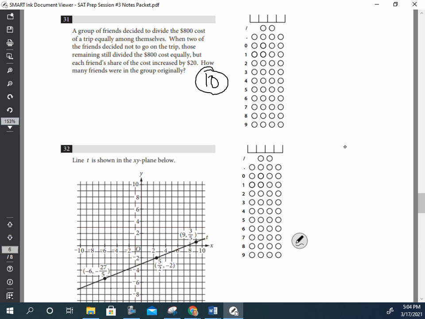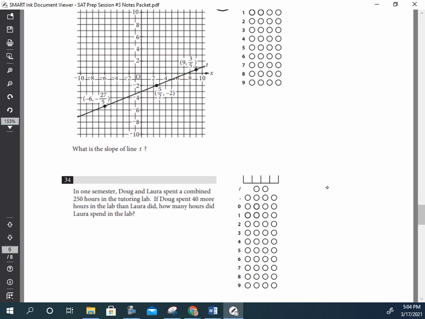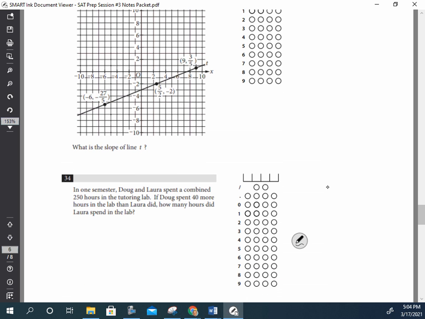For 32, the answer was 2/5. And for number 34, the answer was 105. So those are the answers for all 15 problems.